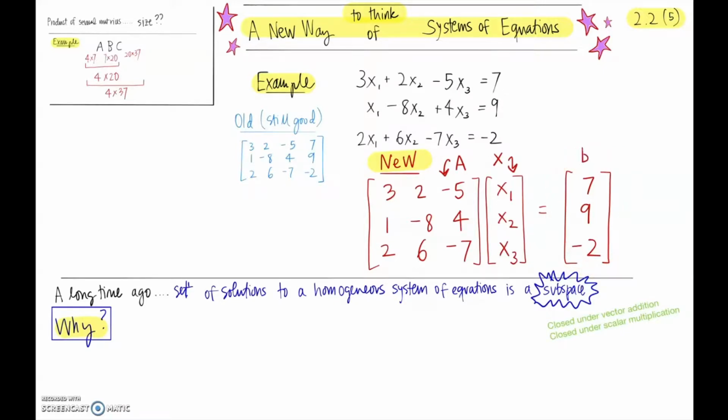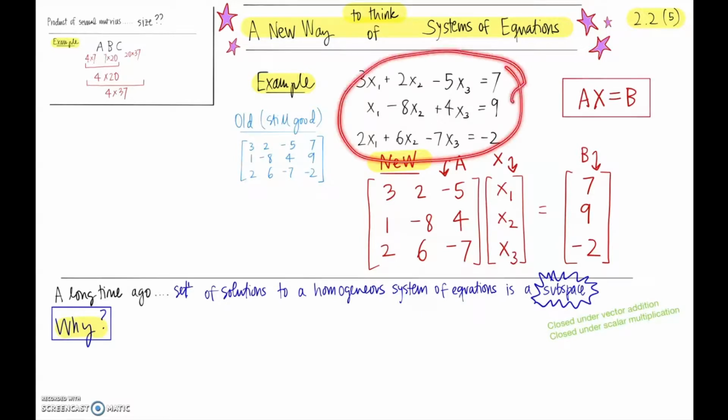We'll call it matrix B. So now we have a way of saying all of this in matrix language: A times X equals B. That's a really concise way of describing this system of equations. It's this matrix A times this vector X, and that equals B.